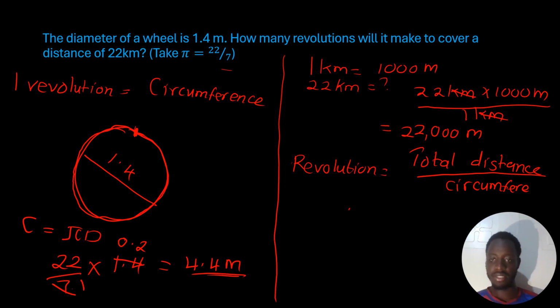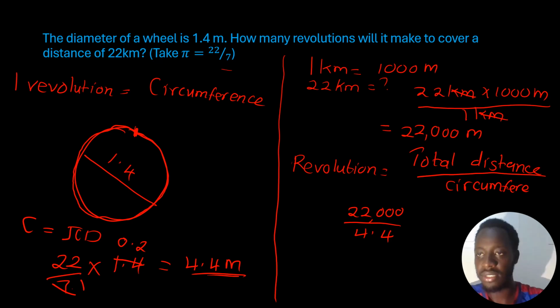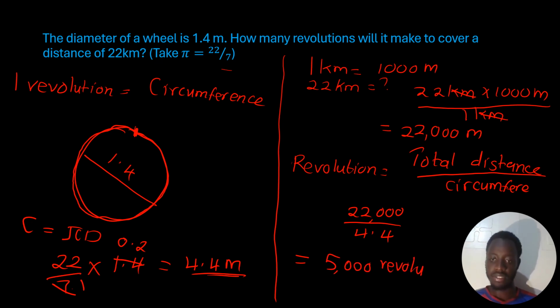So that is 22,000 divided by 4.4 meters, which is 5,000 revolutions. So it will have to make 5,000 revolutions in order to cover 22 kilometers, or 22,000 meters.